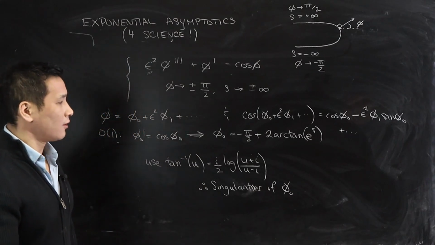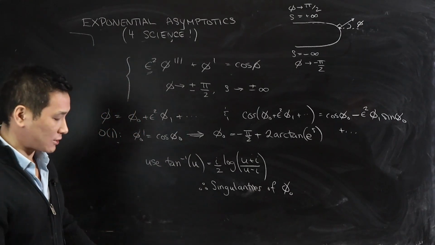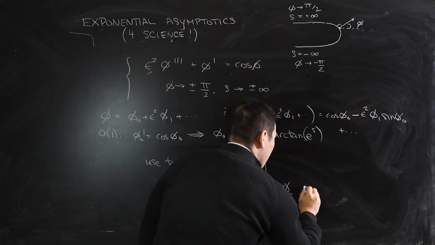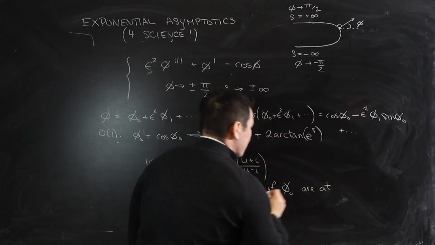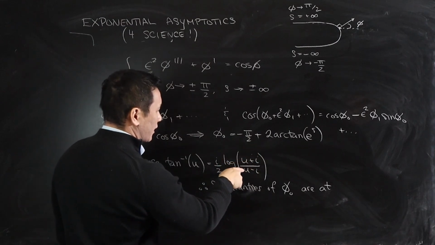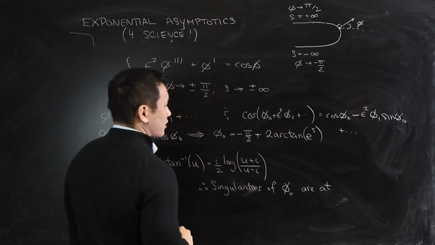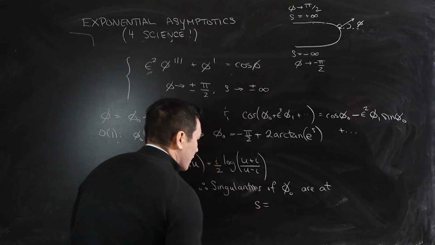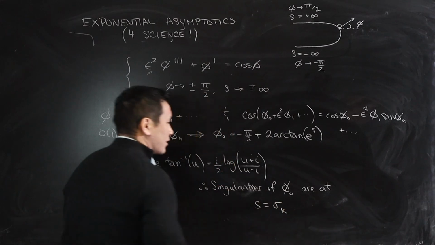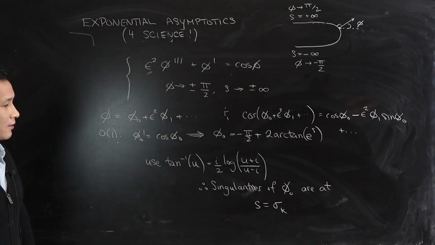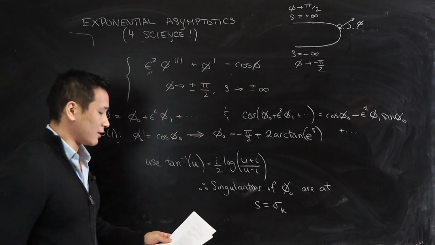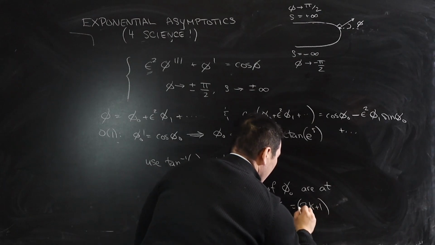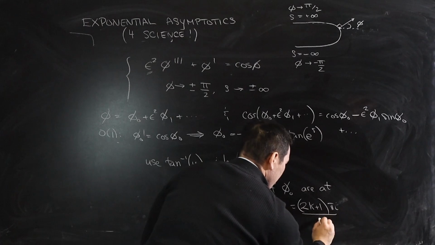So pi by 2, 3 pi by 2, 5 pi by 2, etc. And so if I just solve with u plus i and u minus i equal to 0, put an e to the s in there, I'll have that this occurs at the points, which I'm going to index with a k, s equal to sigma k in the complex plane, and they're (2k plus 1) pi times i over 2 for k.